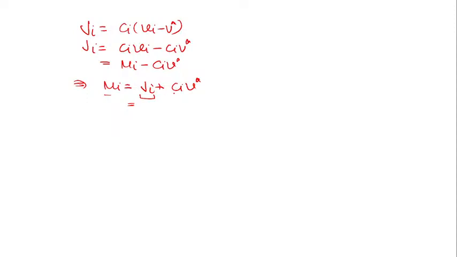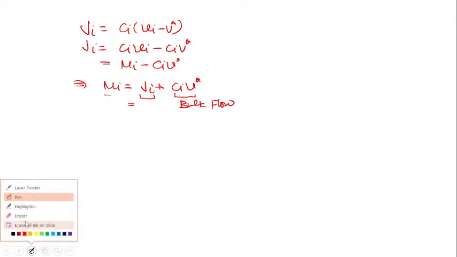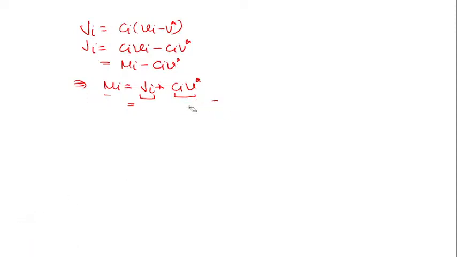One is the flux contribution due to individual diffusive flux, and the other is the bulk contribution. Two contributions in the total molar flux of any species. One is the bulk flow contribution. This term indicates the bulk flow contribution in total flux, the flux due to bulk flow.